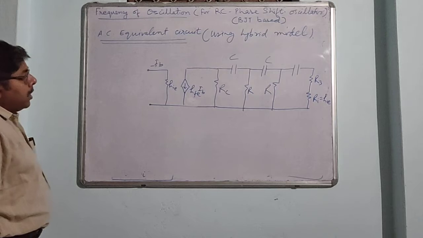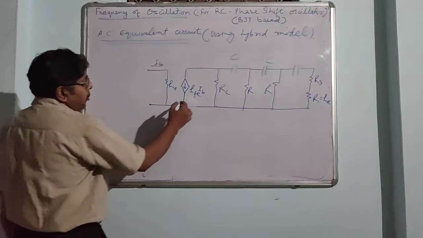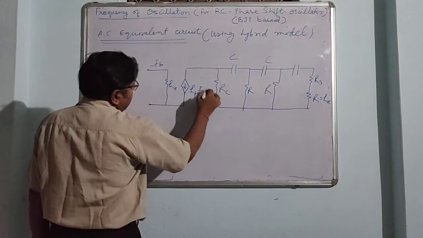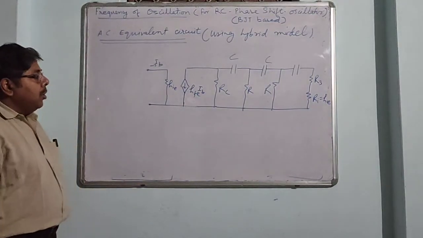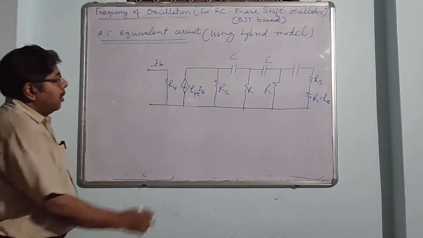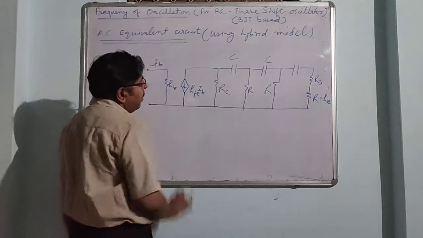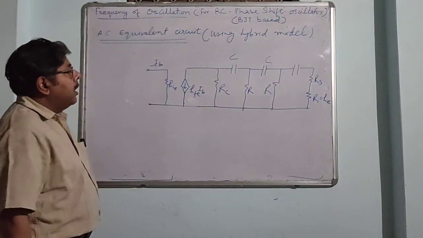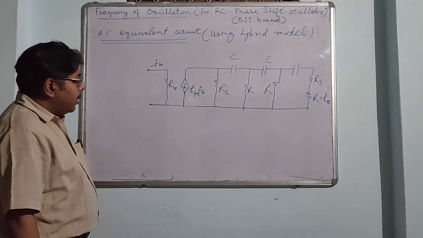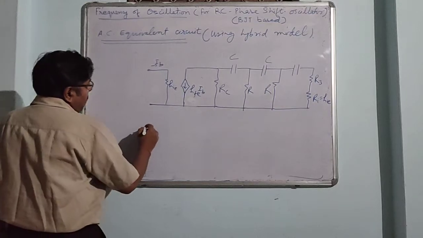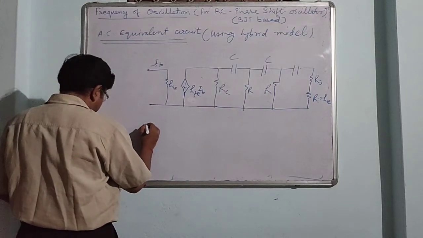One more modification is there. Suppose we replace this current source with a voltage source, because this current source is in parallel with a resistance. When converted into a voltage source, this is another equivalent circuit.